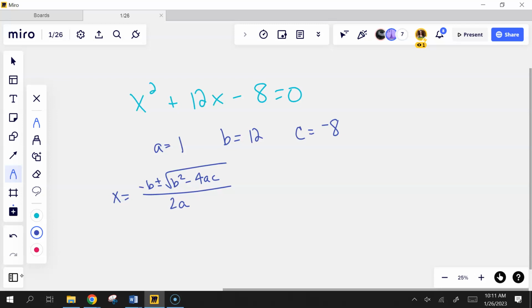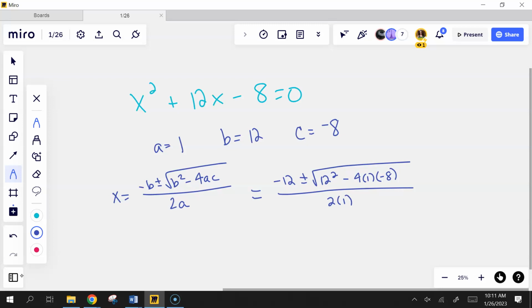All I'm going to do is plug in the spots, literally. That's it. So, opposite b, -12, plus or minus the square root, yep, there you go, everything over, perfect.